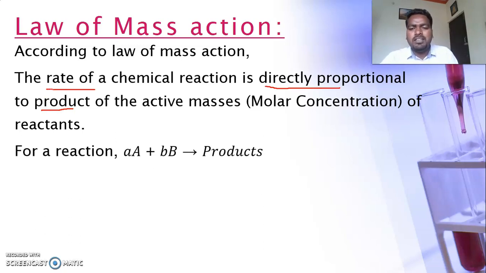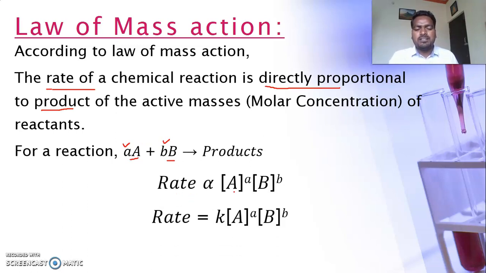So mathematically it can be represented like this. Let us consider a reaction. Here A and B are the reactants, and small a and small b are the stoichiometric coefficients of the reactants. Now let us consider that the rate of a reaction is directly proportional to this concentration term.